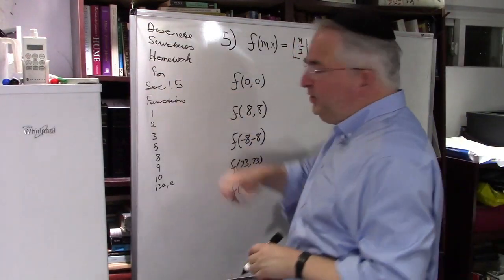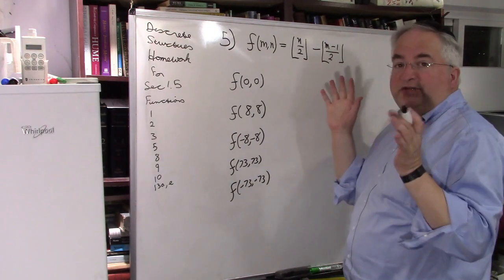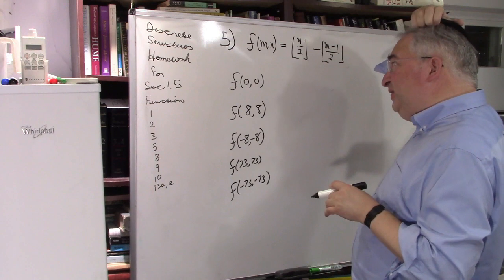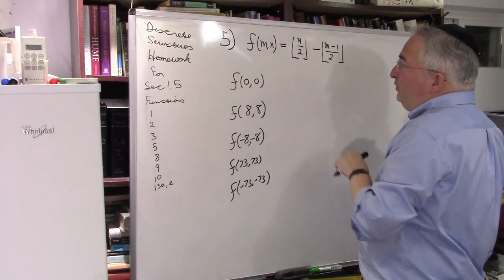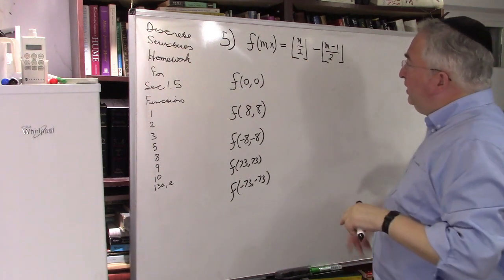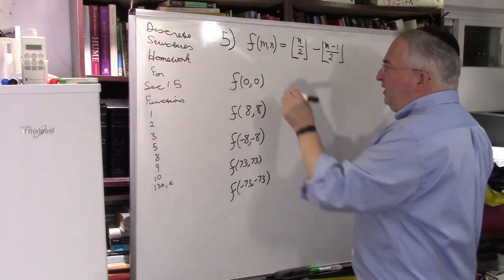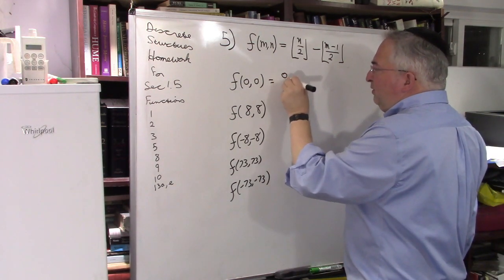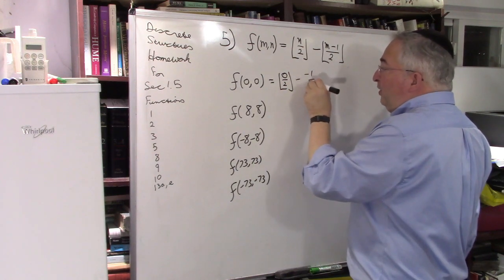Okay, we did 1, 2, and 3, now we're up to 5. You look at this function. It's defined a certain way. It's exercise 3. They give you the function f of m, n: floor of n over 2, minus floor of (n minus 1) over 2. And they want you to calculate these values. So let's do it. This is going to equal floor of 0 over 2, minus floor of negative 1 over 2.